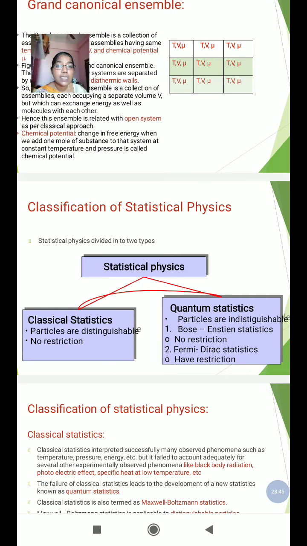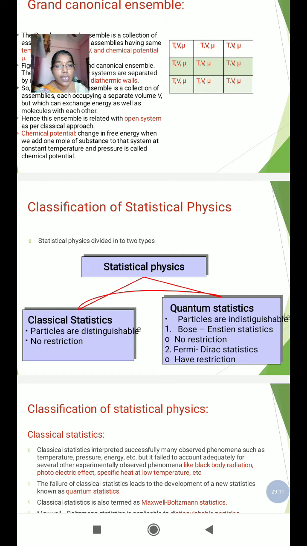In quantum statistics, we have two types: Bose-Einstein statistics and Fermi-Dirac statistics. In this case, all the particles are identical and indistinguishable. In the case of Bose-Einstein statistics, there is no restriction, meaning any particle can occupy any energy state.